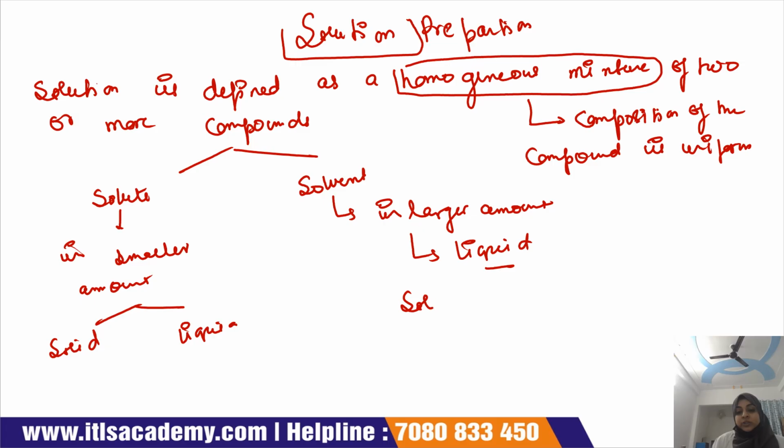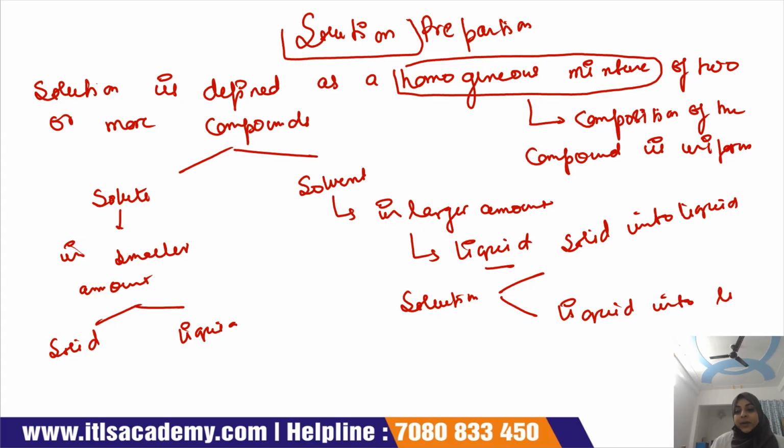The solution is of two types. One is solid into liquid, and another one is liquid into liquid. Solid into liquid means that the solute is solid and the solvent is liquid.